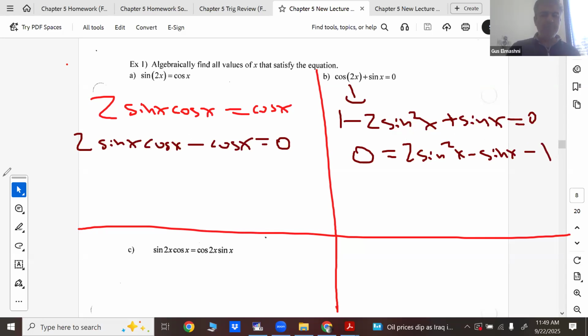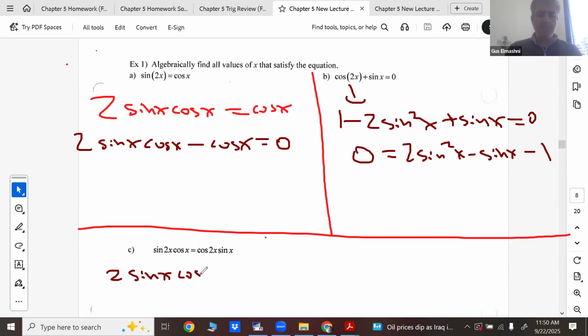And then for part C, oh boy. What am I going to do for this one for part C?